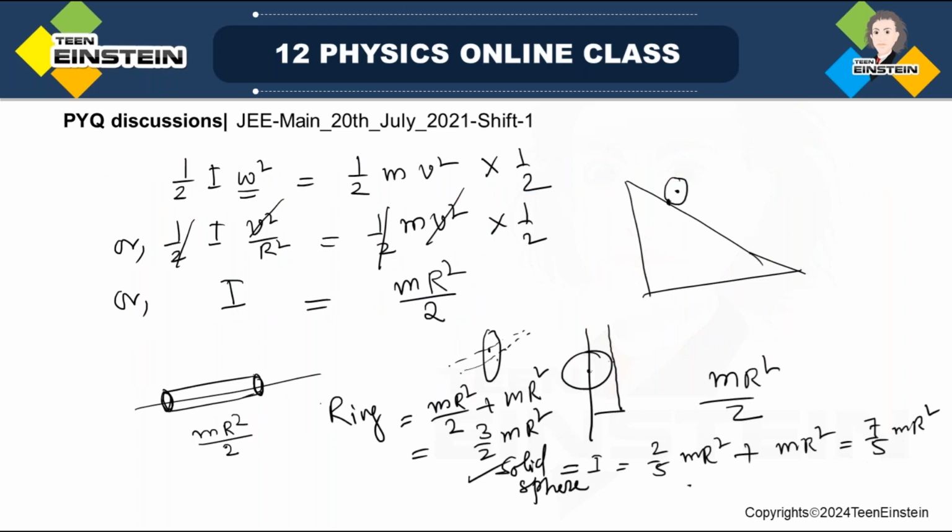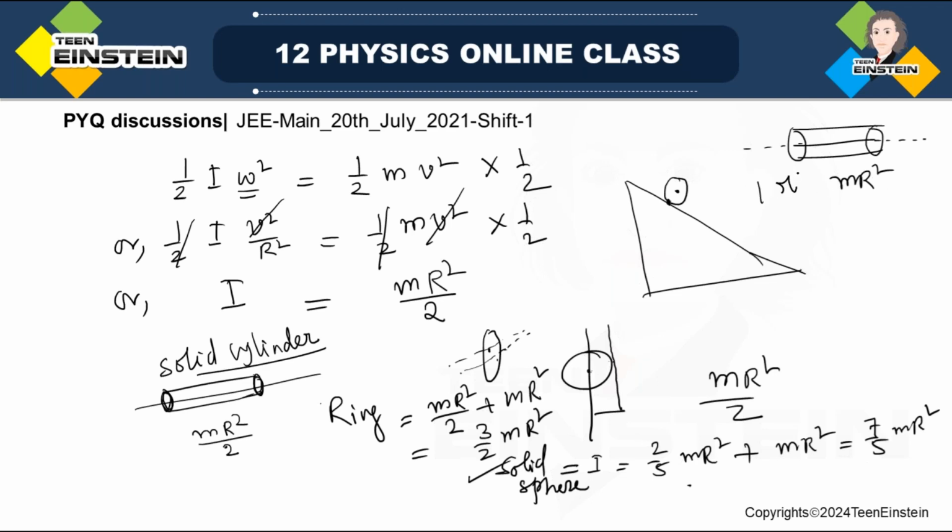In case of a hollow cylinder, the moment of inertia about its own axis will be m r square, just like a ring. This is solid cylinder, this is hollow, and this is ring.